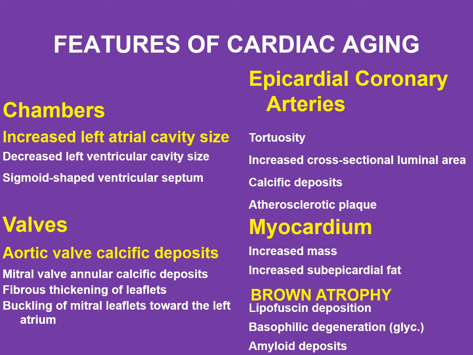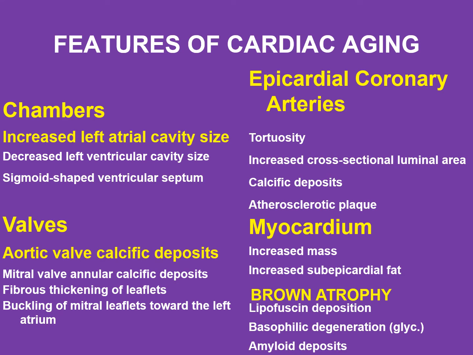So what are the features of an old heart or cardiac aging? In the chambers, there's an increase in left atrial cavity size, decreased left ventricular cavity size as well, and a sigmoid-shaped ventricular septum. In the valves, you have aortic valve calcific deposits, mitral valve annular calcific deposits, fibrous thickening of the leaflets, and buckling of mitral leaflets toward the left atrium.